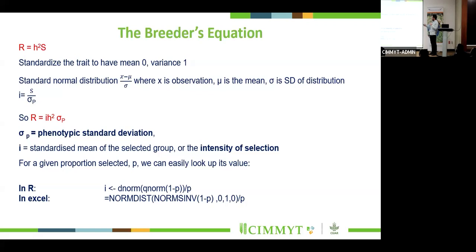And we can modify this to make it a bit more intuitive. So we're going to standardize it. It's like a standardized normal. We'll standardize the trait to have a mean of 0 and a variance of 1. Then we can use the standardized normal distribution. So we're subtracting the mean and dividing by the standard deviation of the distribution.